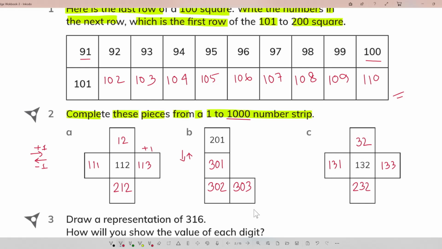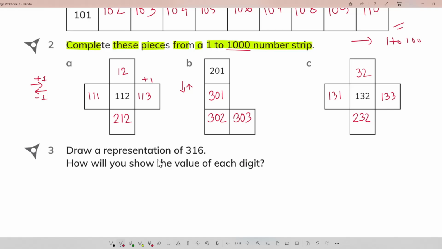Okay, so we should think about it, because it's a very sensitive issue, the 1 to 1000 number strip. If you compare with the 1 to 100 strip, right and left are similar, plus 1 and minus 1, and up and down it increases or decreases by 10. But on the 1000 strip it will increase or decrease by 100.